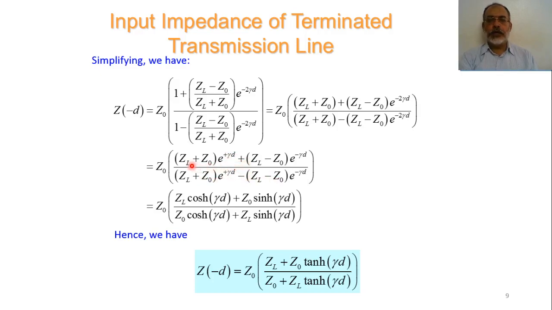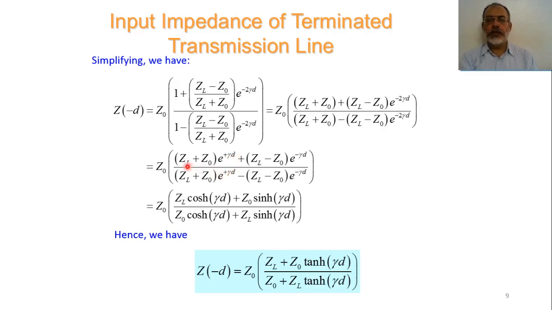Effectively, in this case, we can take the terms which have Z load together. So this would be Z load multiplied by e to the power gamma d plus e to the power minus gamma d. e to the power x plus e to the power minus x is 2 cosine x.